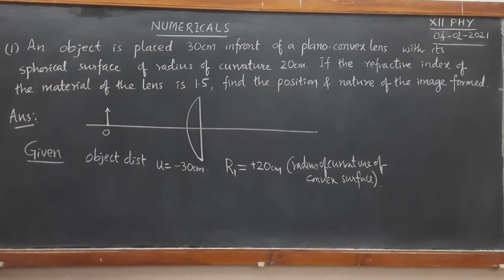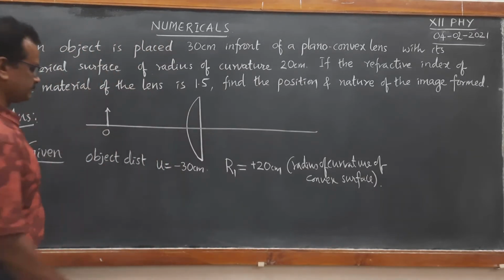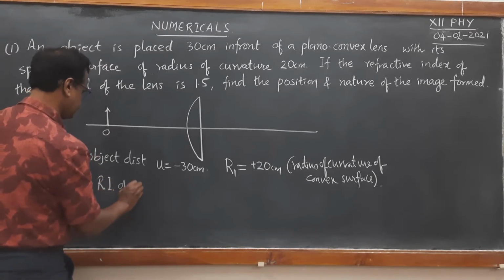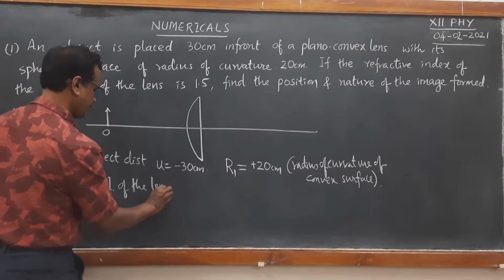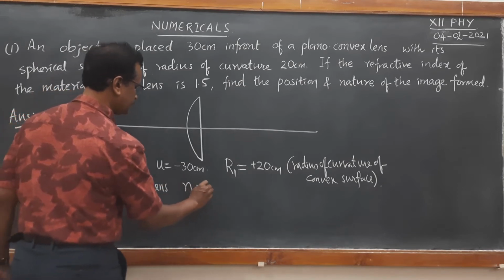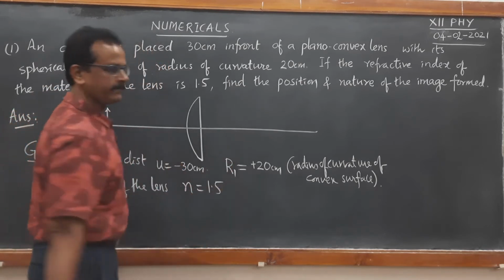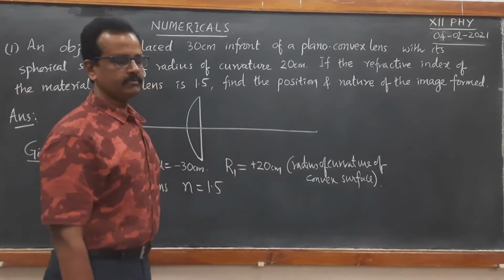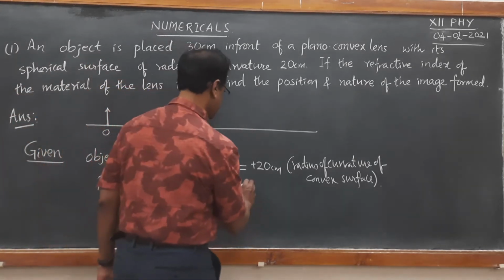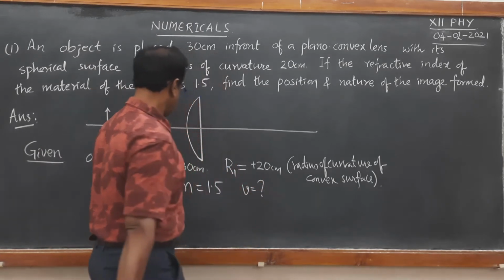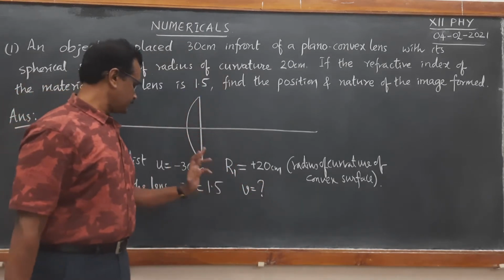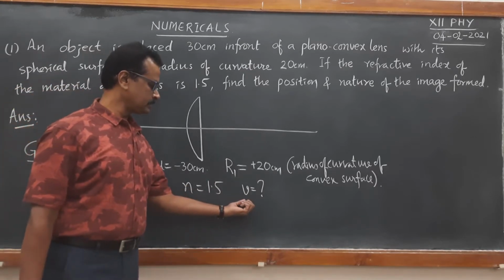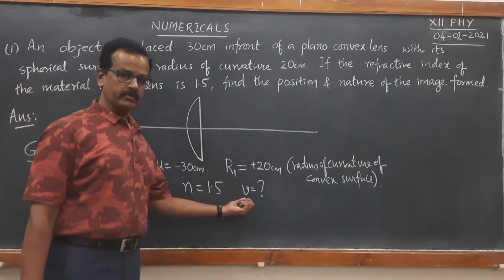Okay, and the refractive index of the lens is given. Refractive index of the lens, you can take n is equal to 1.5. Then you are asked to find out what is image position. V is equal to what? U is given, R1 is given, refractive index is given. You are asked to find out the image distance.